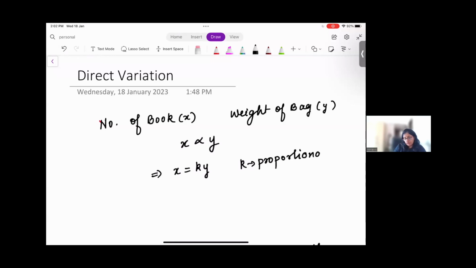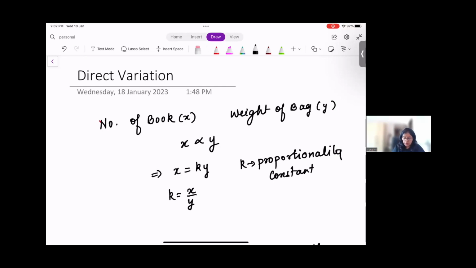So when we remove the proportional sign, the direct proportion sign, we replace it by a constant. And with this, we know that K will be equal to X upon Y. It means in case of direct variation, the ratio of the two quantities remains constant.